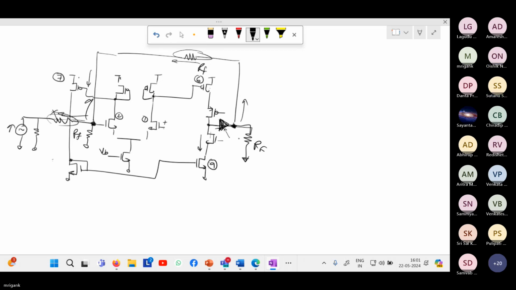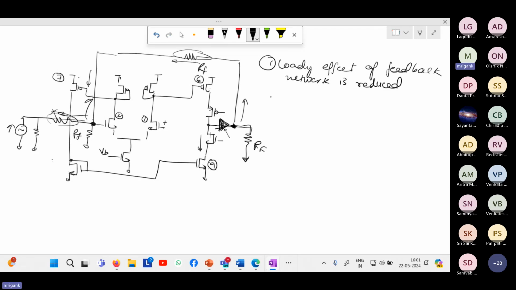Yes. What else? Something related to this, there is another. First is the loading effect of the feedback network is reduced. What else?